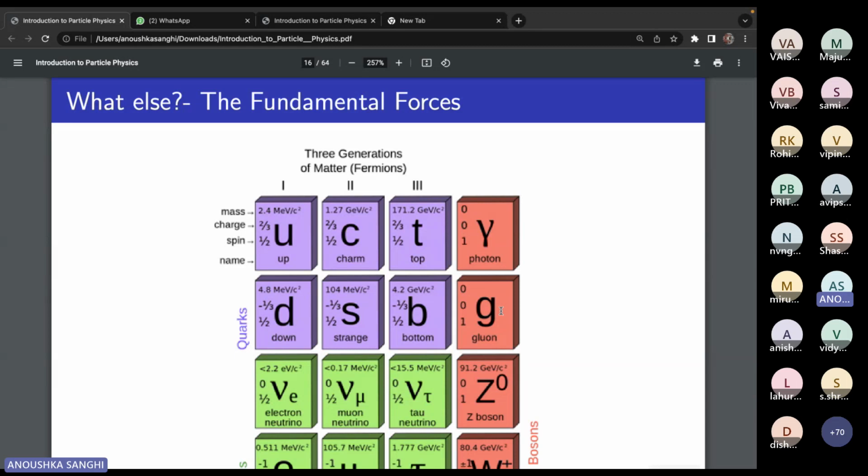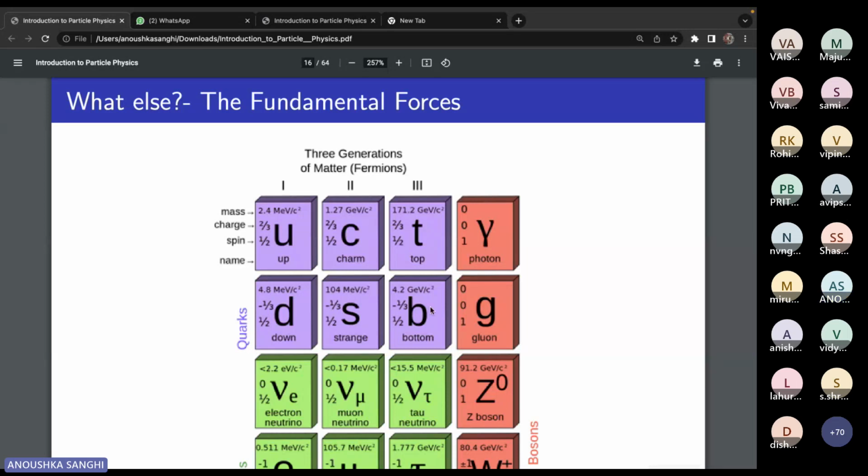Now a question comes: why is our favorite force, gravity, not there? We do talk about gravity, but maybe we can talk about it a bit later. The main three we'll mention are the strong nuclear force, the weak nuclear force, and the electromagnetic force.